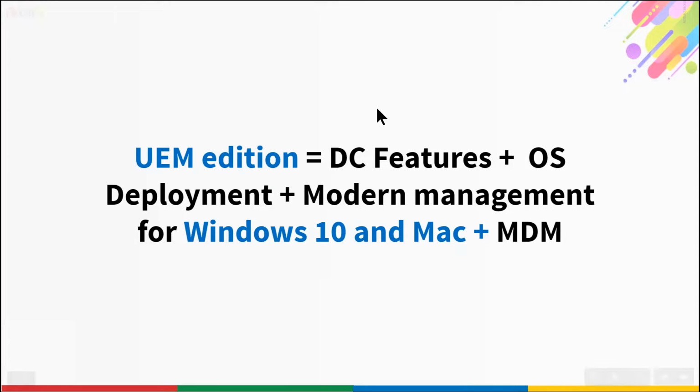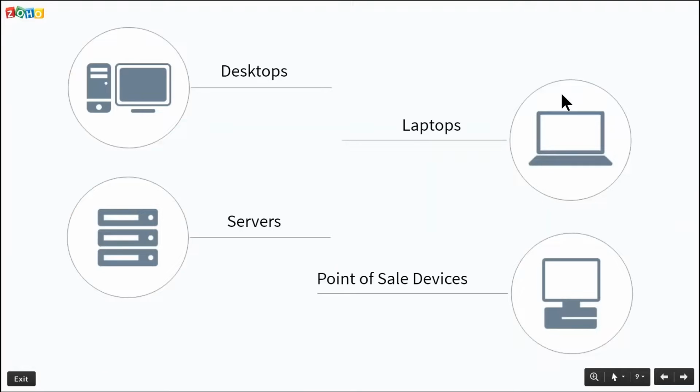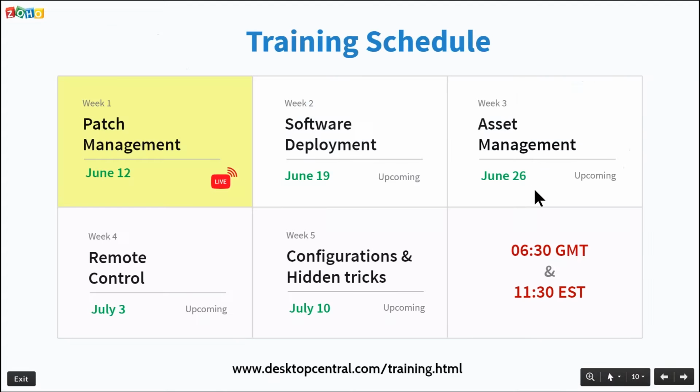So these are the additional benefits which are added to the Unified Endpoint Management solution. Once you get UEM, all these features will be added to a single console. As I've told you earlier, we support desktops and laptops and even POS devices when it comes to Desktop Central.